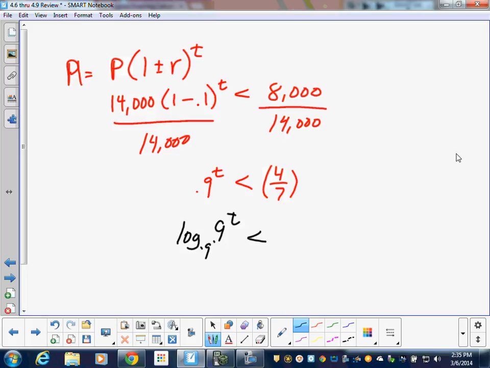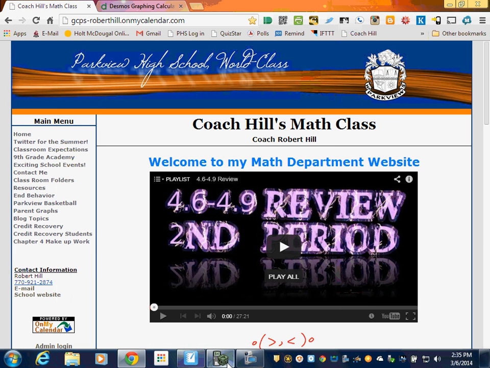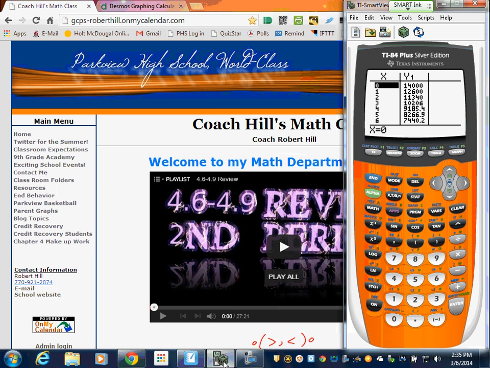But if I do it to this side, I have to do it to this side. So t is less than whatever that is. The person who looks at that and goes, oh, they don't exist: it doesn't make you bad at math because you have to use some kind of technology to figure that out. It's the log of 4/7.